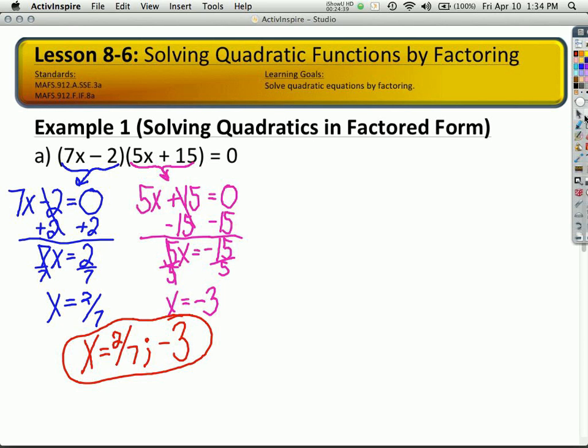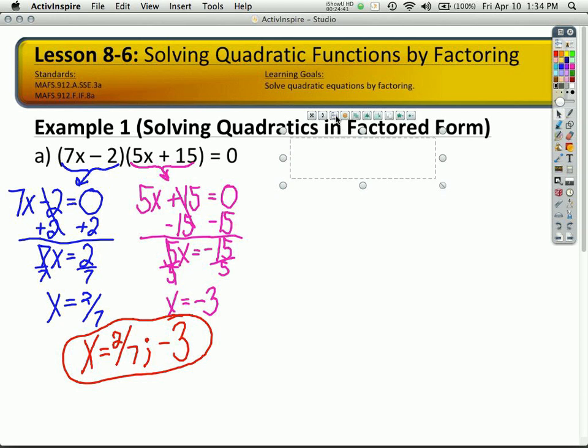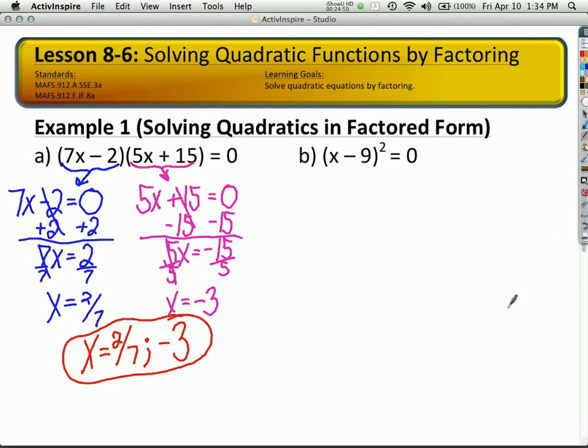No questions? All right, so let's go to part B. X minus 9 squared equals 0. Well, it's hard to see all the factors. In part A, that's a factor and that's a factor.